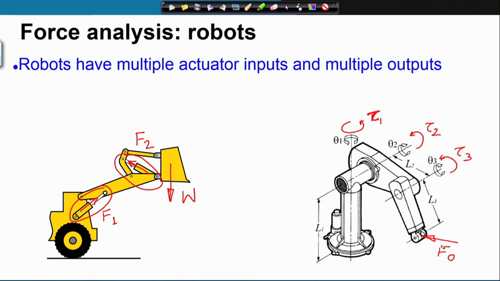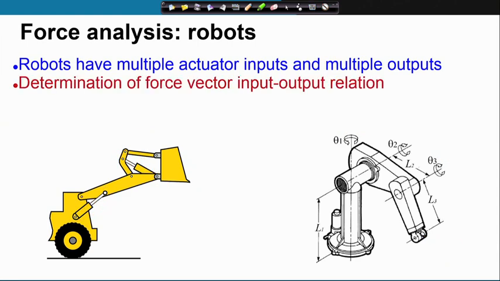Now, this force is a vector here. So, therefore, I have multiple input torques and force as a vector. So, there are 3 components. So, there are multiple outputs. So, we have to find out this force vector input output relation. So, the joint forces and the output forces, both are vectors.